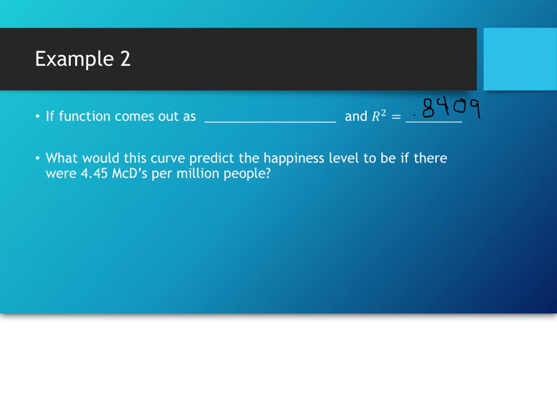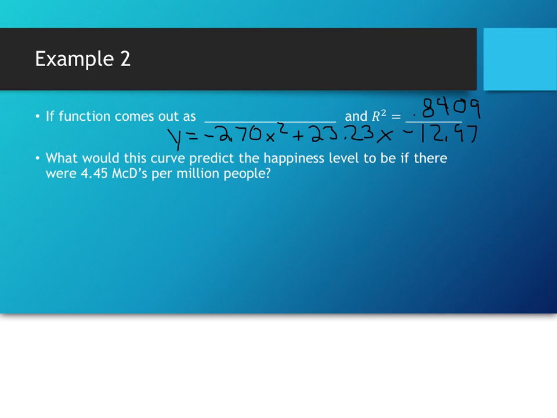And you get out a model that looks like y is equal to negative 2.70 times x squared plus 23.23 times x minus 12.97. All right. And here, remember, x was the number of McDonald's per million people, and y was the happiness percentage.